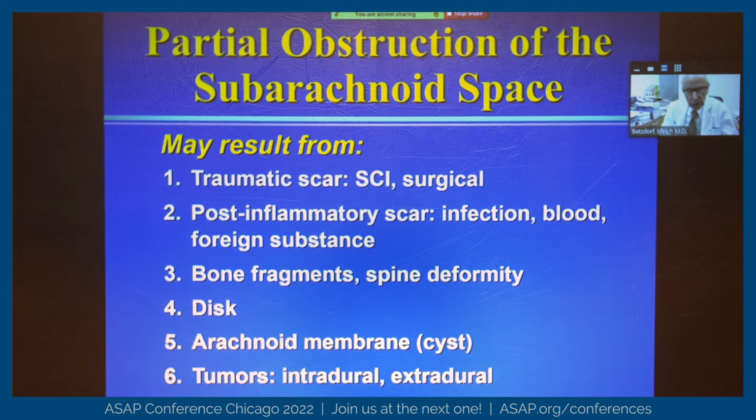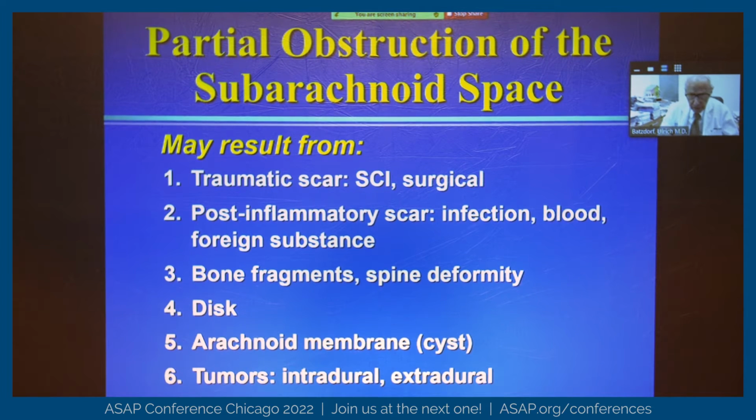Other common causes of scar formation are meningitis, that is to say, infection, blood in the subarachnoid space, which could be either from an injury or from a hemorrhage of a blood vessel, or from a foreign substance that is introduced into the spinal fluid, such as we used to do for some studies that are no longer practiced.